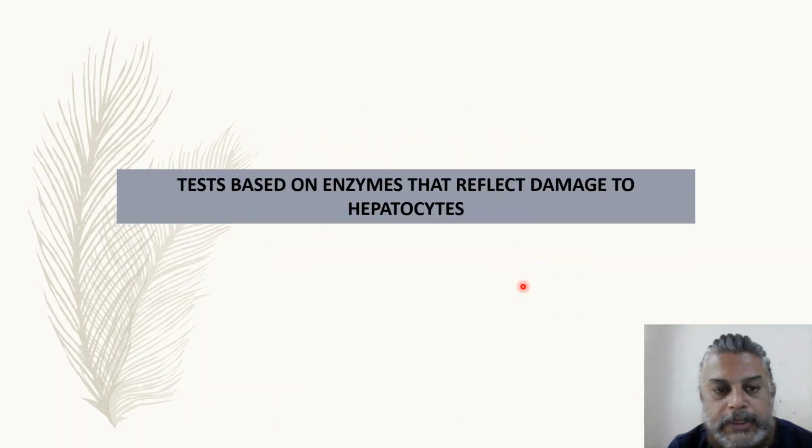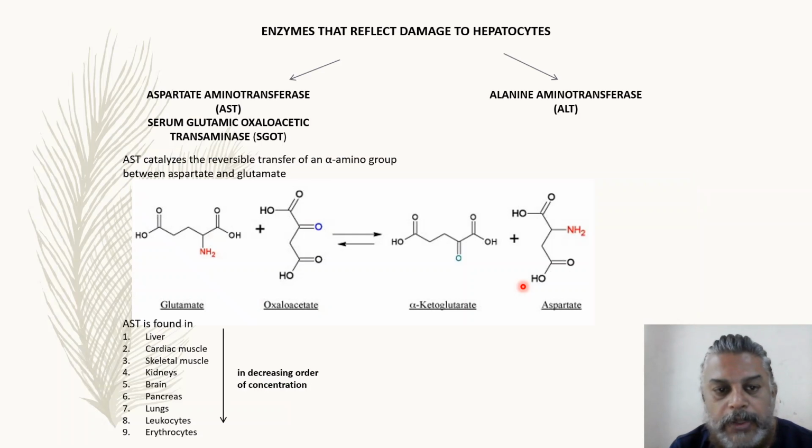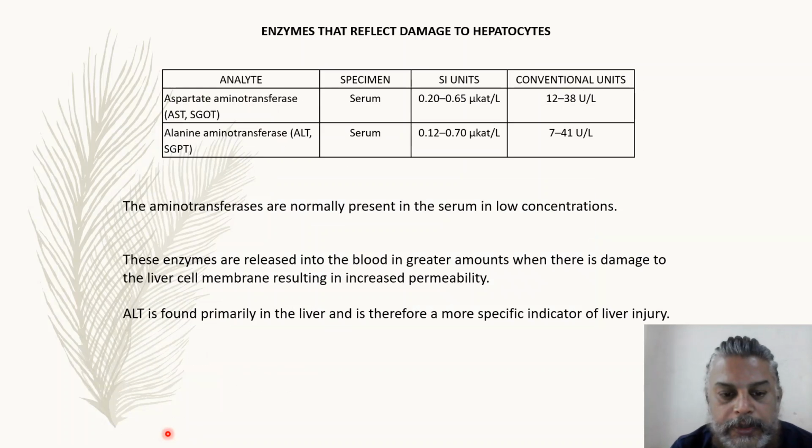The second is tests based on enzymes that reflect damage to the hepatocytes, that is SGOT and SGPT. AST is found in liver, cardiac muscles, skeletal muscles, kidney, brain, pancreas, lung, leukocytes and RBC.